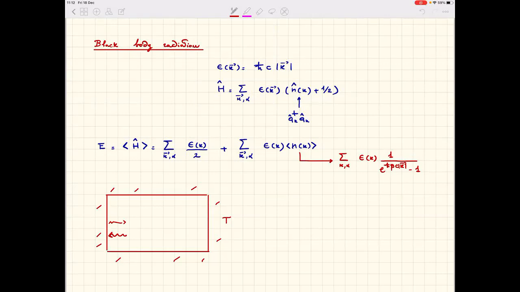But the number of photons that you create depends on the temperature, it is not fixed. So you don't have a certain occupation of your photons. Photons are not like standard particles, they can be created and annihilated. Their number is not conserved. That's why I'm not putting a chemical potential here, because the chemical potential is the Lagrange multiplier connected to the conservation of a quantity, which is the number of particles. And here the number of particles is not conserved.